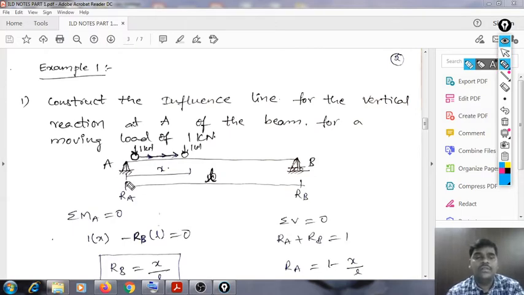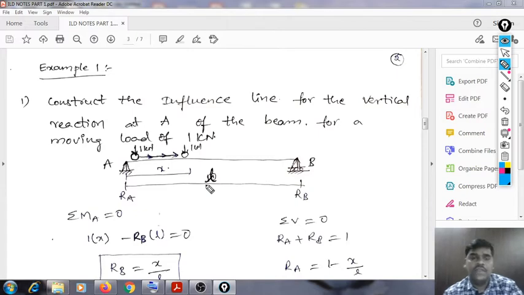This is end A, and here it is end B. I'm sorry for the disturbance. So this is A and B; one is a simply supported hinge support and the other is a roller.